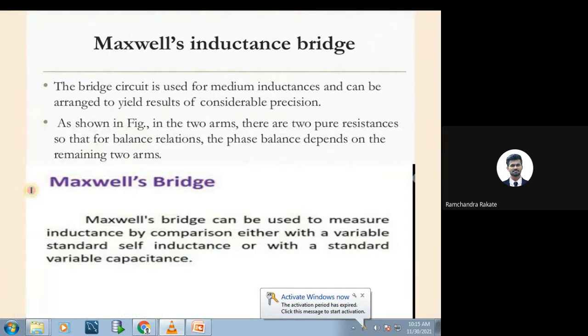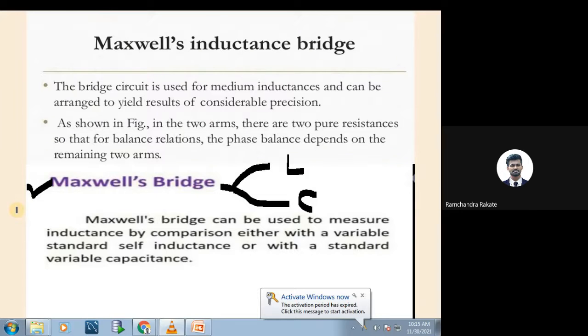Okay. So what I'm telling, Maxwell bridges are classified as Maxwell bridge for inductance and Maxwell bridge for capacitance. I think in the last visit we have covered this.